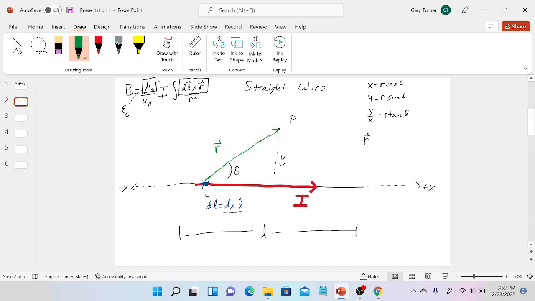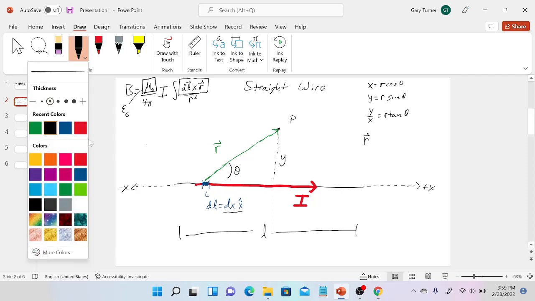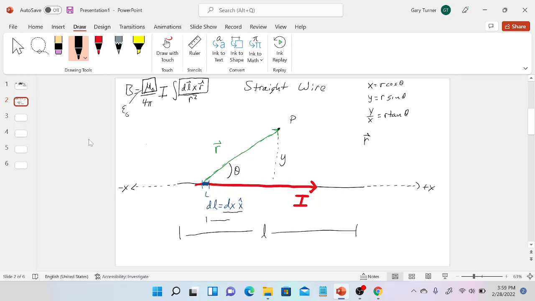Technically, that is r. And if I define my dl to be a distance x from the line connecting P along the y-axis to the current, then r is going to be equal to rx in the x direction plus ry in the y direction.